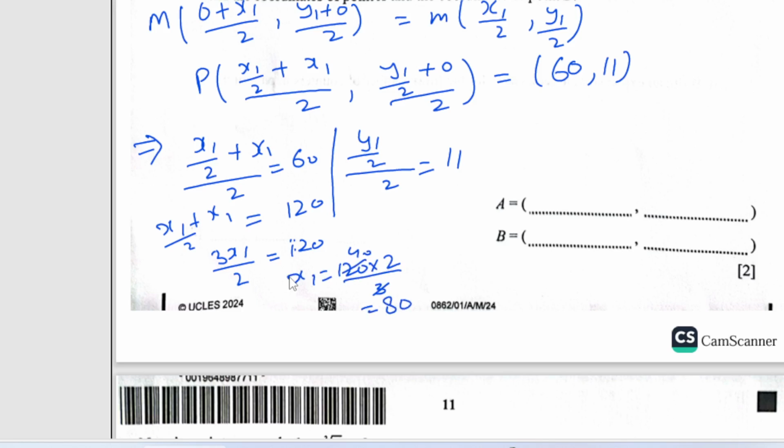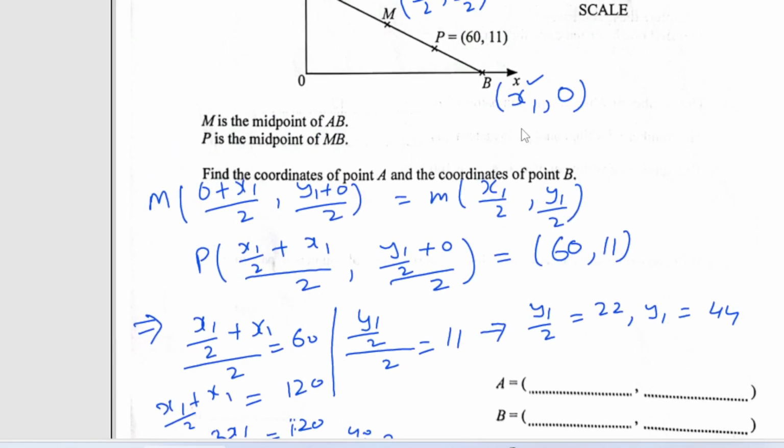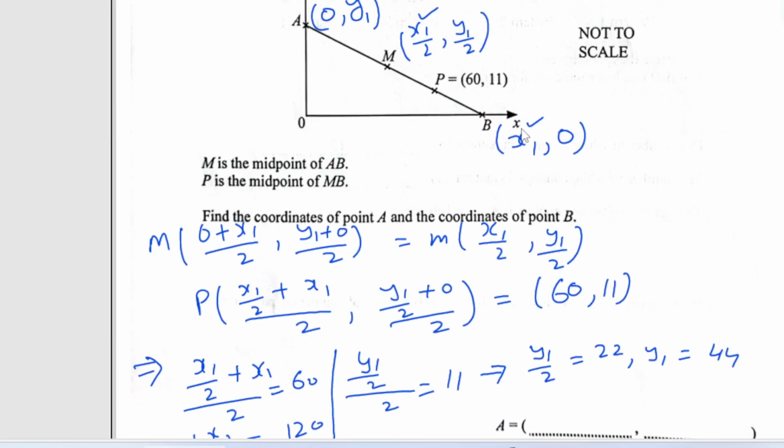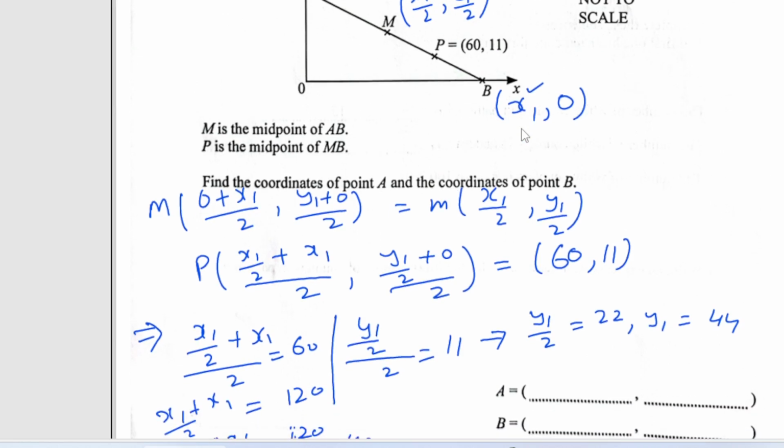Okay, so the value of x1 is 80, right? And from here, we have y1 over 2 is equal to 22, so that means y1 is equal to 44, right? So we got the values of x1 and y1, and we are looking for this, so the x1 is going to be, let me write it down.